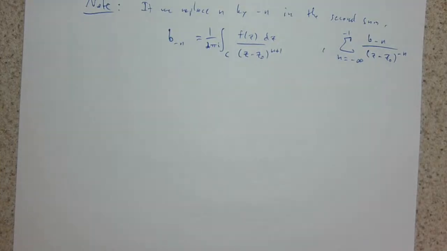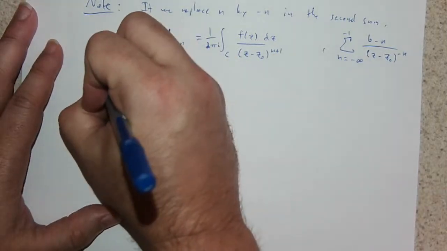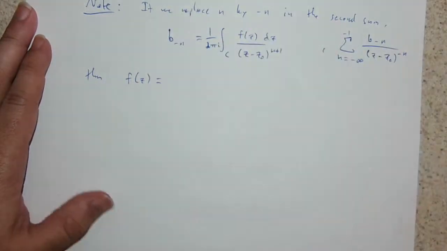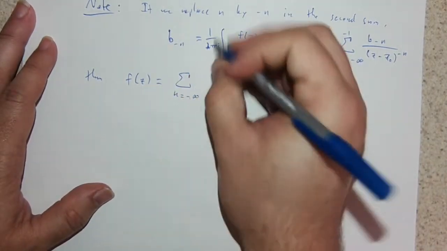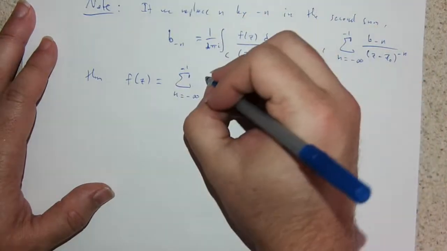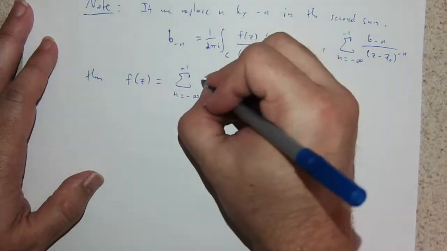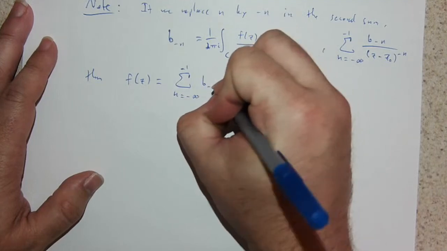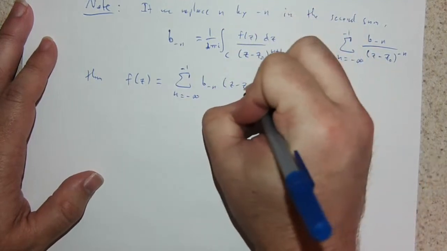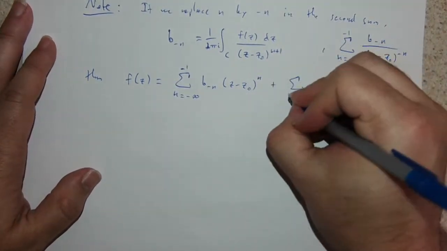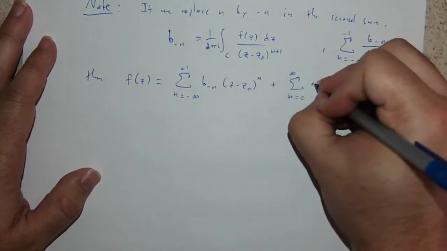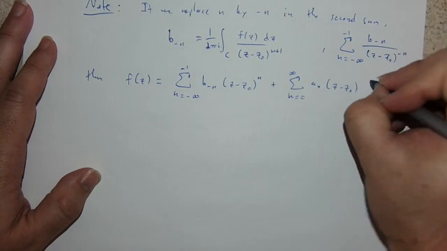Then we can write f of z as the sum from n equals minus infinity to minus 1 of b sub minus n times z minus z naught to the n, plus the sum from n equals 0 to infinity of a sub n times z minus z naught to the n.